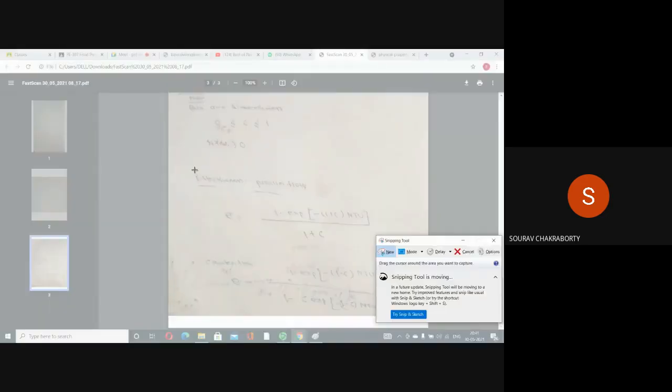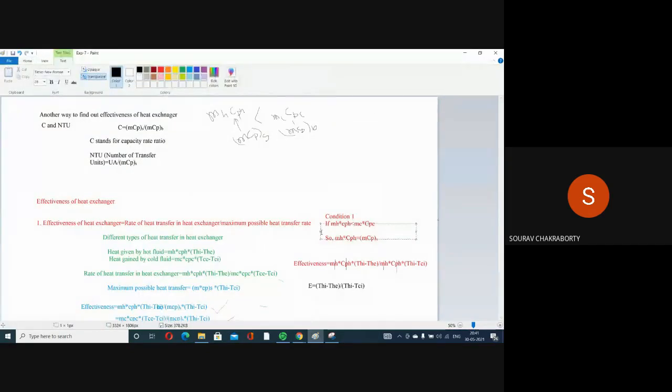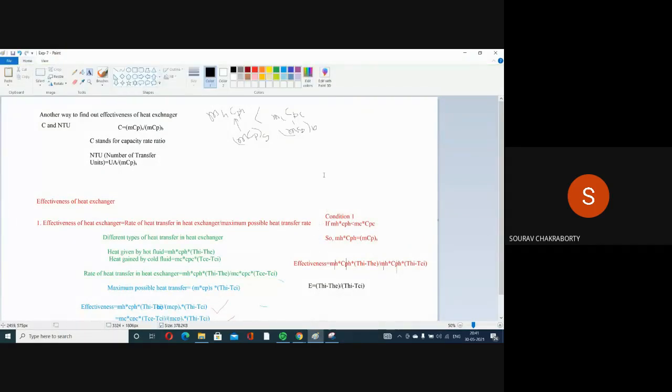If you have a parallel flow arrangement, in that case the effectiveness can be found out with the help of this equation: E, which stands for effectiveness, equals 1 minus exponential of minus 1 plus C into NTU, divided by 1 plus C. C stands for capacity rate ratio and NTU stands for number of transfer units.